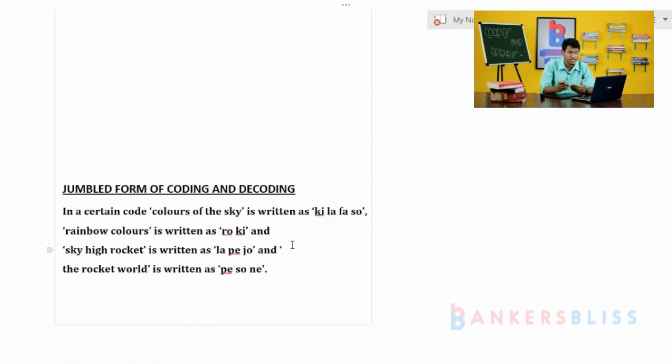I'll revise once again the direct form and jumbled form. Direct form is where the number, letter or symbol is represented in a direct form. But in jumbled, we don't know exactly what the code is for the given statement. That's it, guys. This is the introduction part of coding and decoding. That's it.